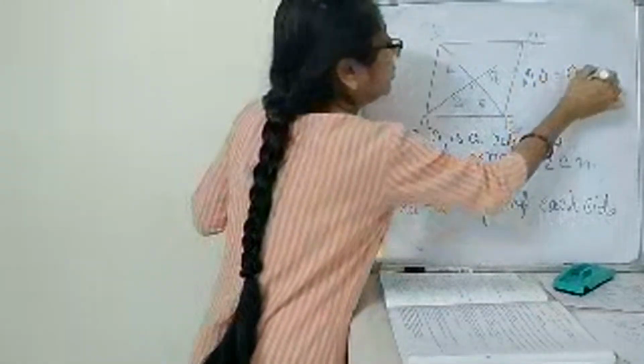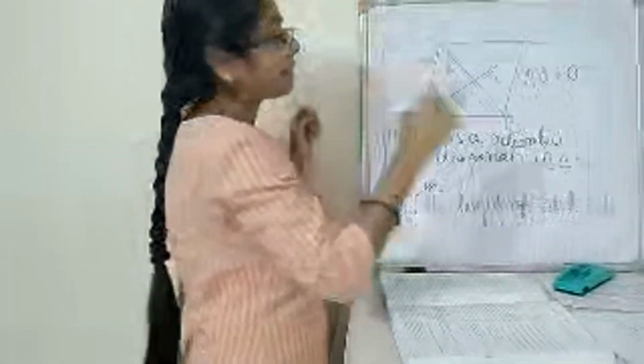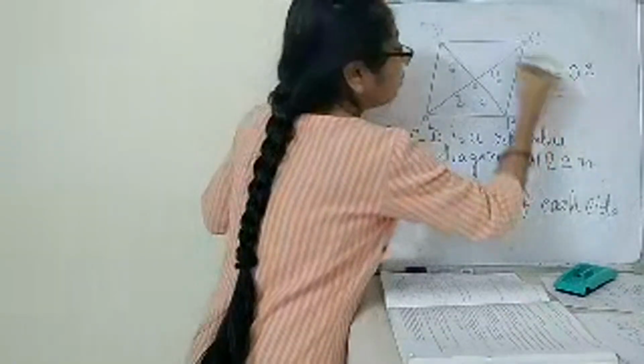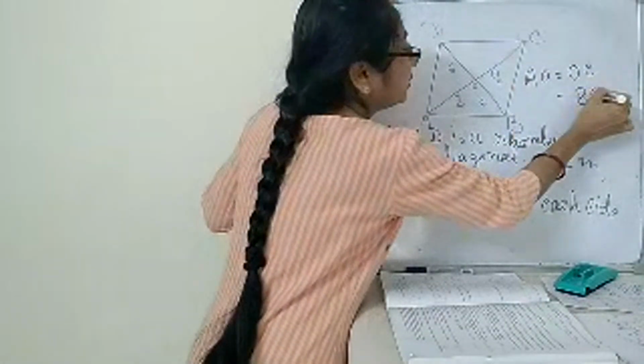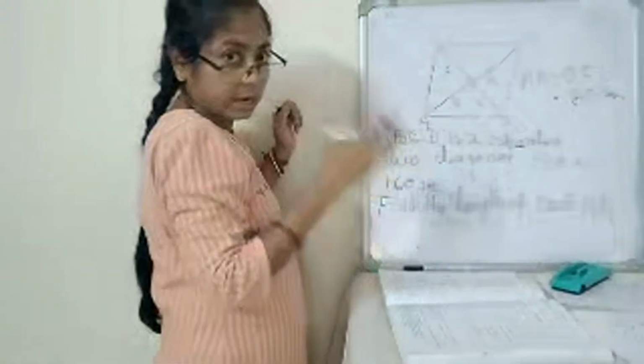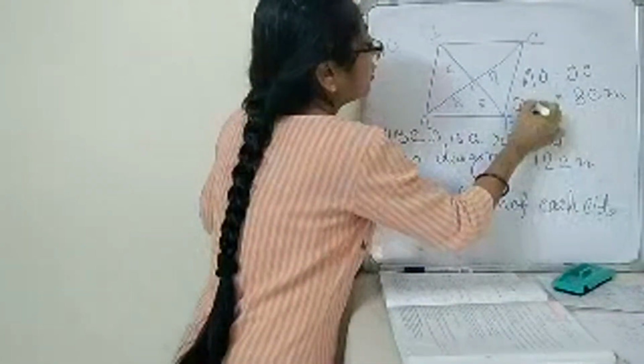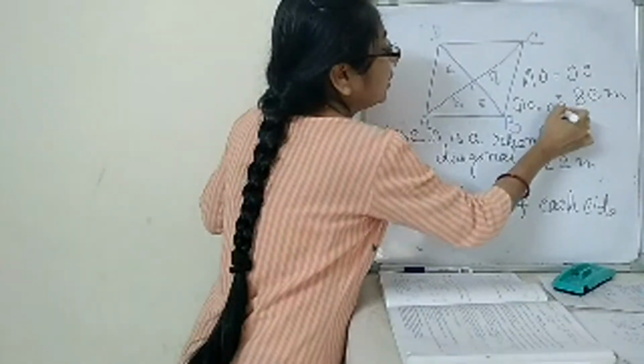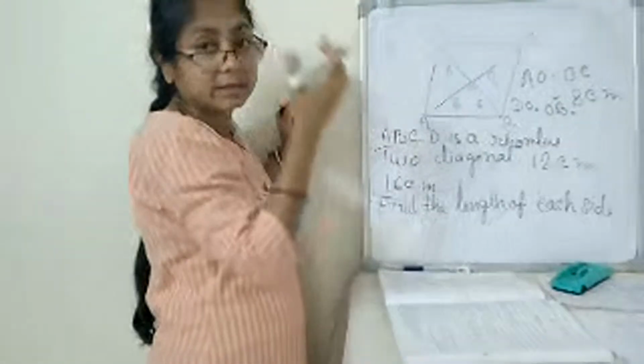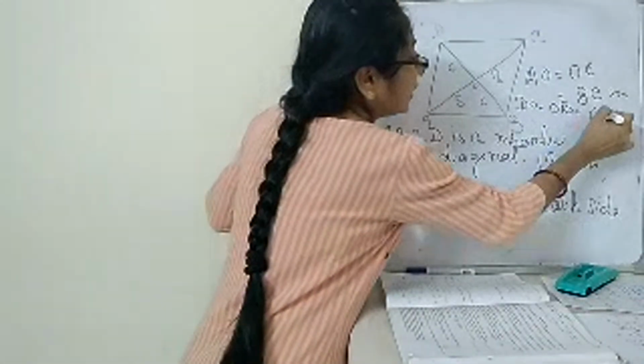They bisect each other, so AO and OC are equal. We write AO equal to OC. It is total 16 centimeter, so one part is 8 centimeter. Clear? Everybody clear? And then another one, BO equal to OD, total 12, so 6 centimeter.